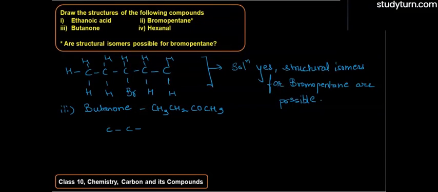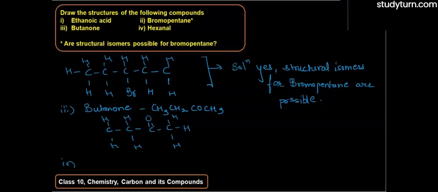There are 4 carbon atoms, and among which one is attached with the ketone group and others are attached with the hydrogen groups. Okay, so this will be our structure for the butanol.